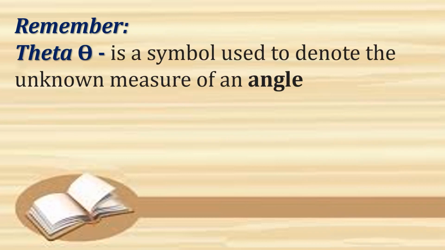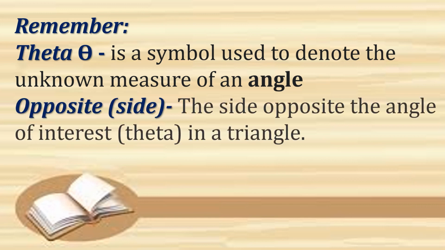These are the basic words that we need to consider in studying trigonometric ratios. First, theta. Theta is a symbol used to denote the unknown measure of an angle. Take note of the word unknown. Next is opposite side.